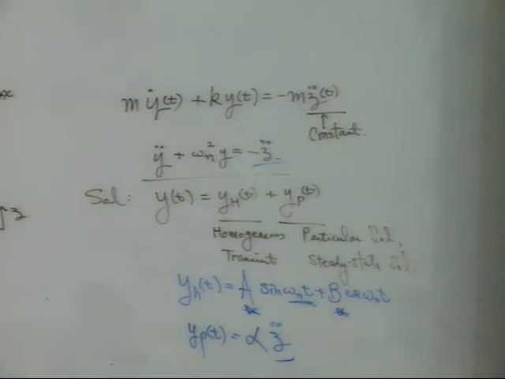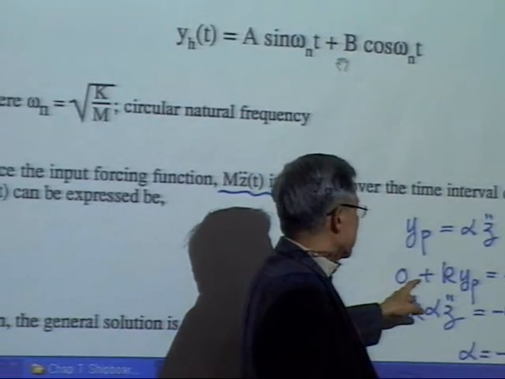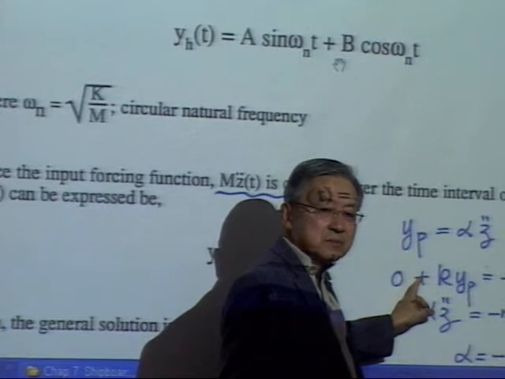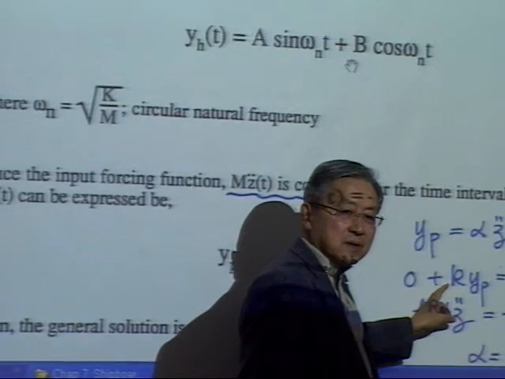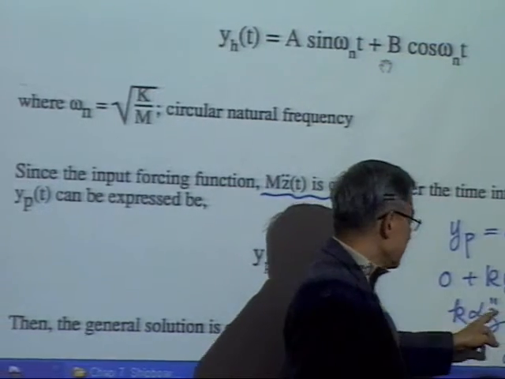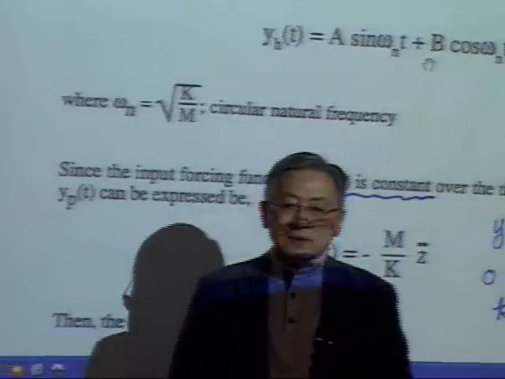Then you can plug this into the equation of motion. When I say equation of motion, it is y double dot plus omega_n squared y equal to minus z double dot. If you plug in, then you can determine the alpha.